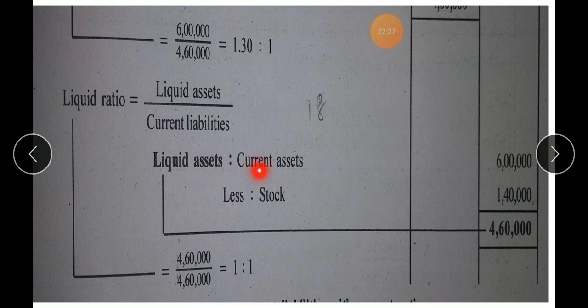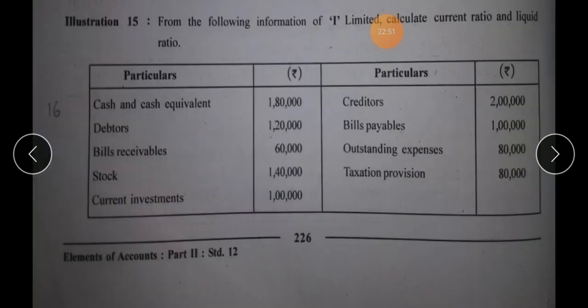See, current assets is 6 lakh. Here we have calculated. From this you will deduct the amount of stock, which is 1,40,000. 6 lakh minus 1,40,000 gives you 4,60,000. And that is the amount of liquid assets. Yes? We have understood a note here.